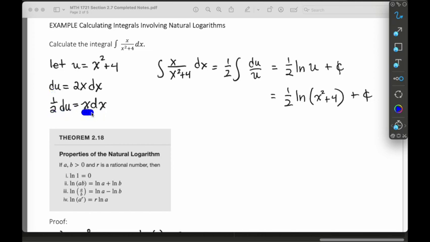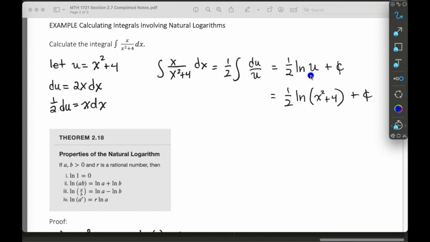So I can replace x dx with 1/2 du. So when I rewrite this integral, I get 1/2 du over u, and now it's in the format where I can use the natural logarithm. So I'm going to carry over the 1/2, and then the integral of du over u is the natural log of u, and then of course I want to add in my constant.